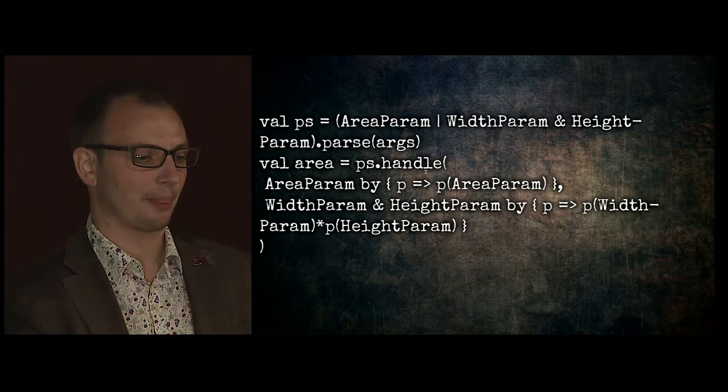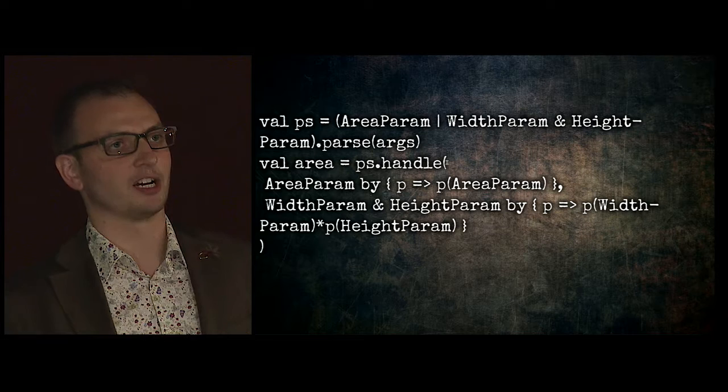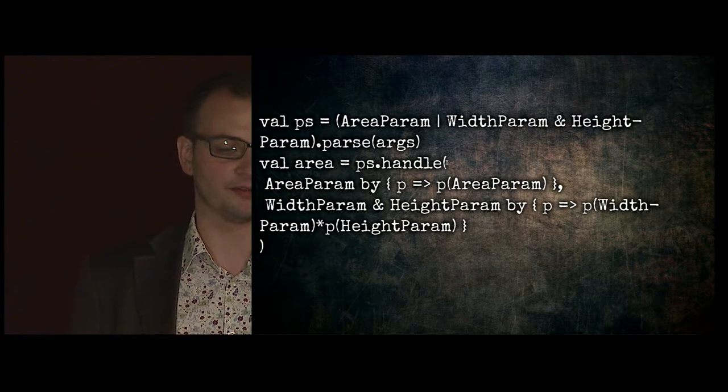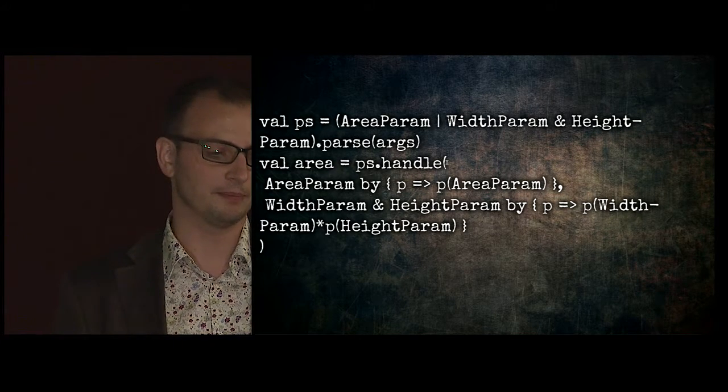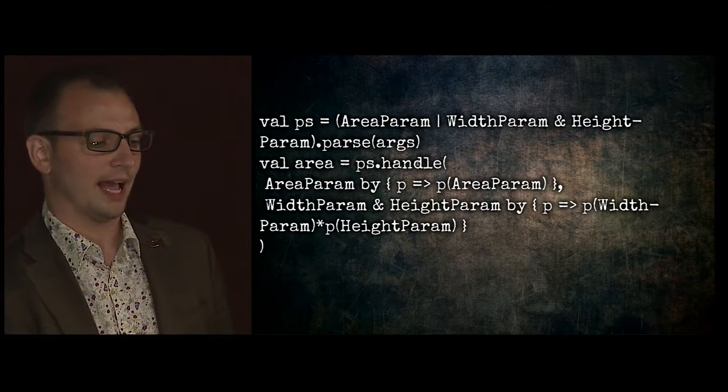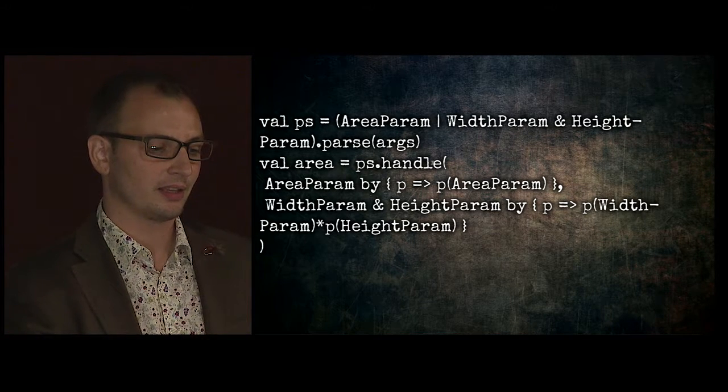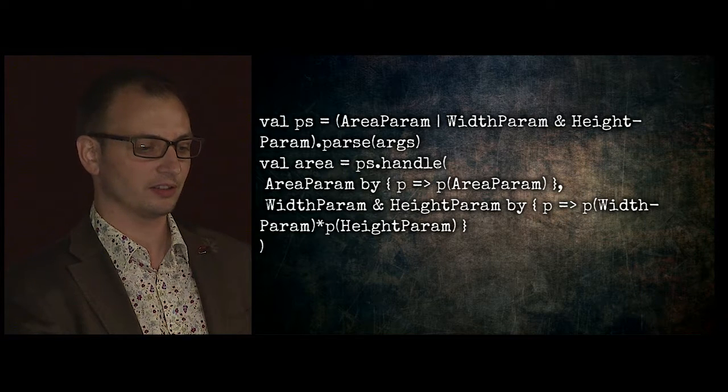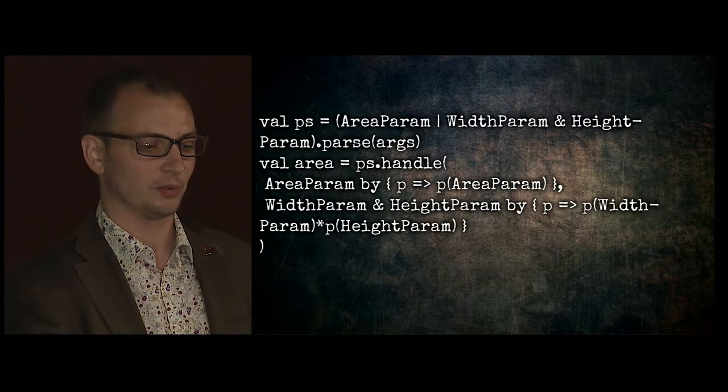And we can. The co-product type that I've provided in the Rapture command line library has a method called handle, and it takes var args. Each one will look like this.